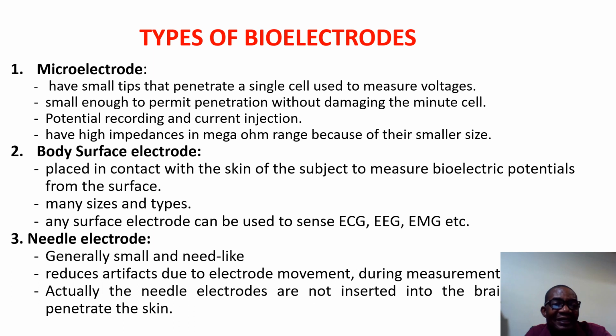Usually, one main advantage of needle electrodes is that they are capable of reducing artifacts or interferences that affect the quality of measurement, because electrode movement is minimized when we use needle electrodes. And that is why we often use needle electrodes for encephalography, when they are placed in the brain to detect electrical signals in the brain.